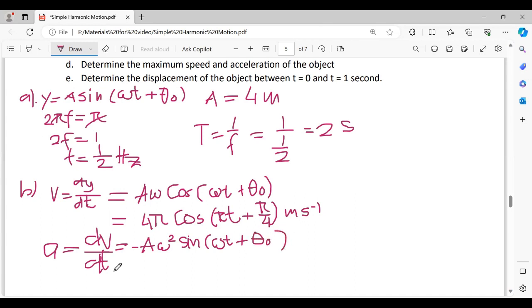Since A equals 4, it is negative 4 pi squared sine of pi t plus a quarter pi, in meters per second squared, because it is acceleration.